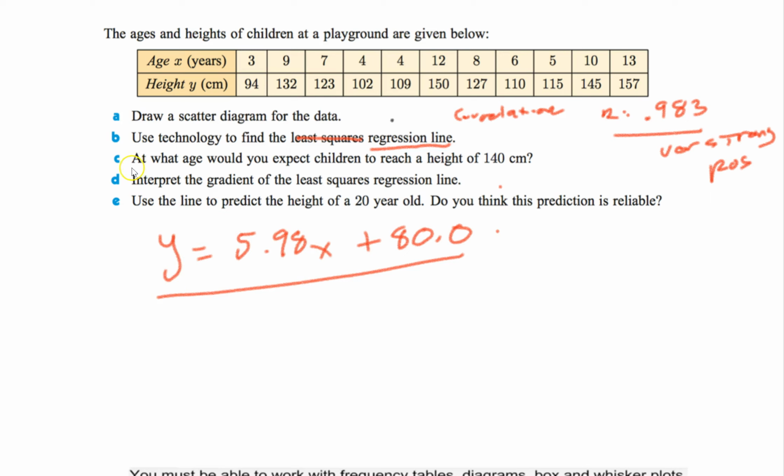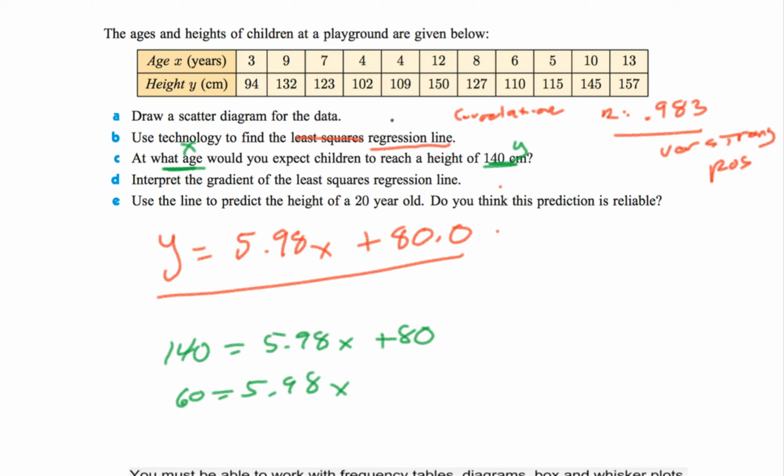At what age would you expect children to reach the height of 140 centimeters? So in that case, look at what they're telling me. I'm looking for age, X, and they give me height, Y. So you're just going to plug it in. Make this 140 equal to 5.98x plus 80. Let's do some math. Subtract 80 from both sides, you get 60 equals 5.98x.